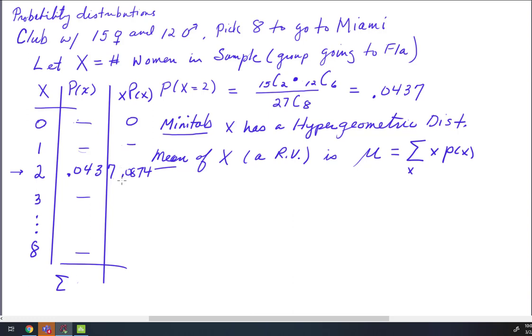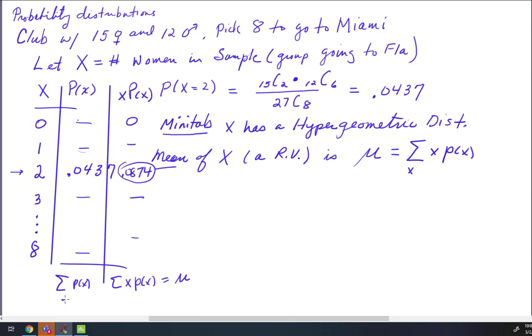So this got a little messier than I had intended. I'll just circle that. But this would be an xp of x column, and this would be sigma p of x, and over here, if I got out my calculator and did this, this would be sigma x p of x, which is in fact equal to the mean.